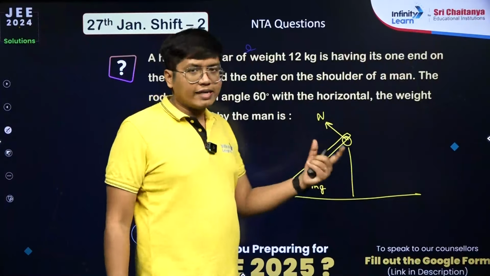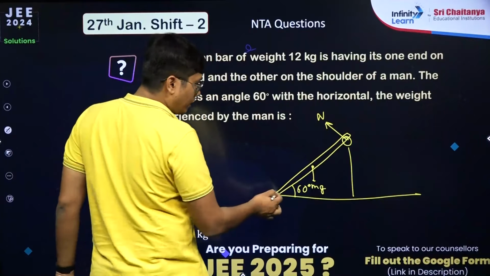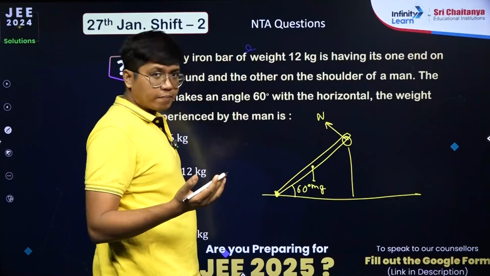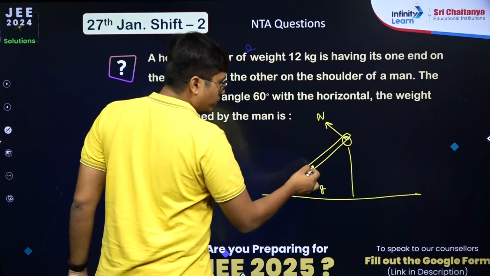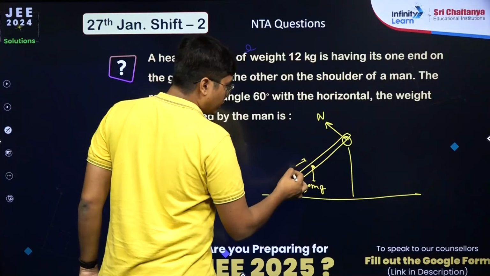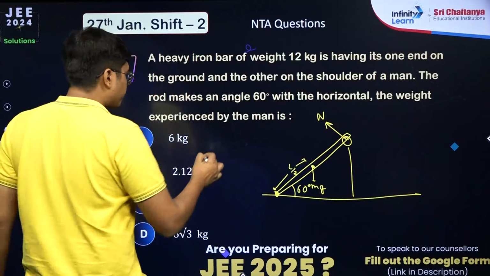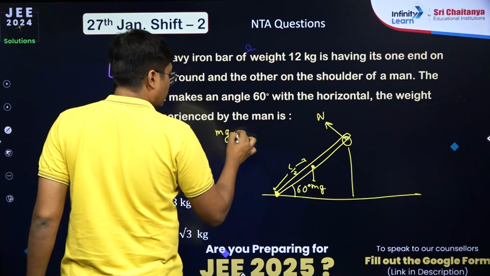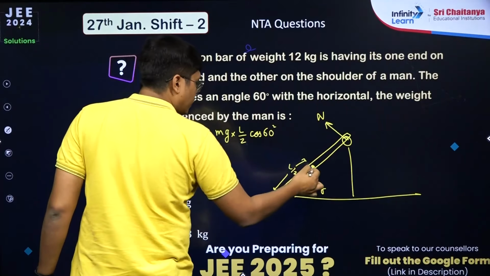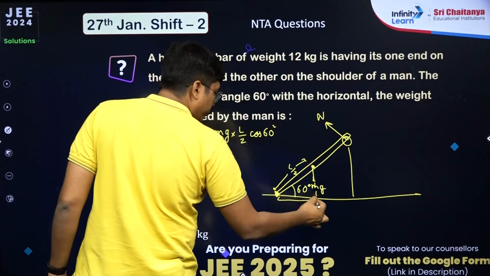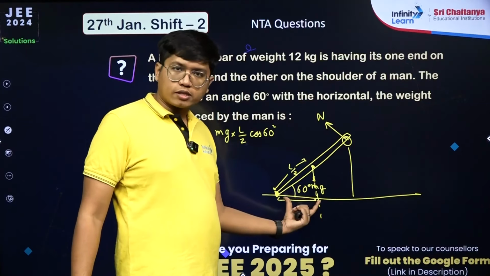Now the way you proceed with this is by equating torque, because this is in rotational equilibrium. So the torque about, let's say, this fixed point should be the same. Clockwise torque should be equal to the anti-clockwise torque. What is the clockwise torque? You have a force of mg. This length is L by 2. Force of mg into L by 2 into cos 60. Why cos 60? Because the perpendicular distance between the line of action of that force and the fulcrum is L by 2 cos 60.